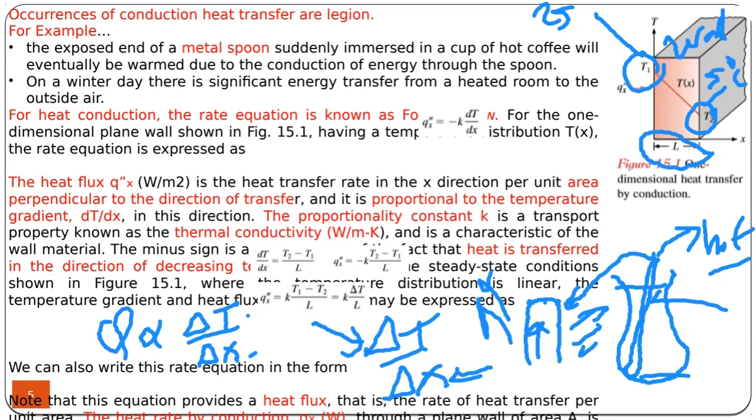So in order to make this an equality, instead of having this proportionality, we use a proportionality constant which is called K. K is thermal conductivity. It's just the proportional constant here. So instead of having a proportionality sign here, I just put an equation as K times delta T over delta X.